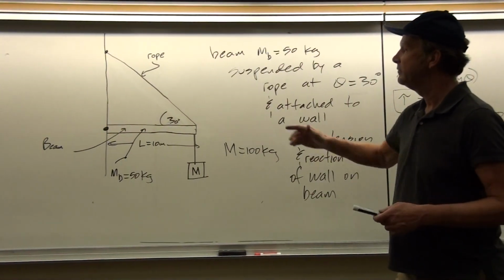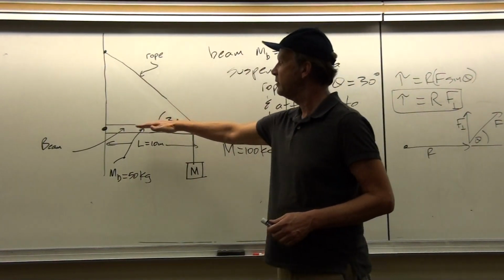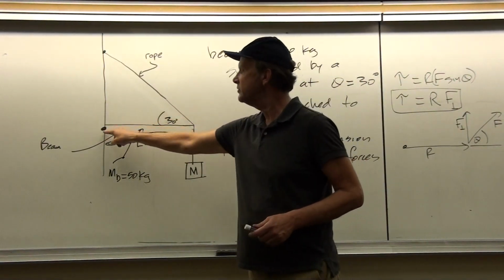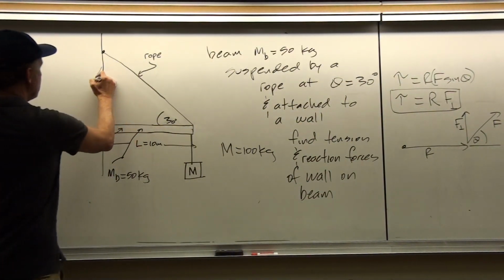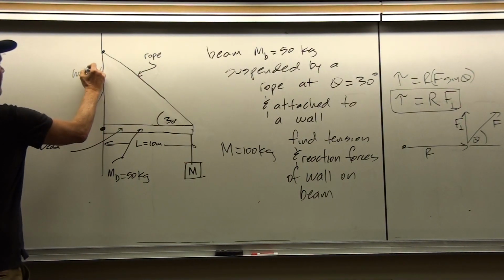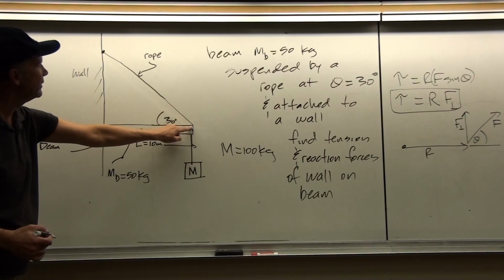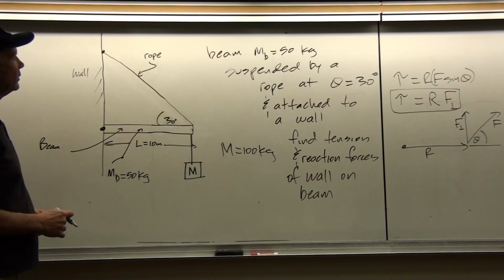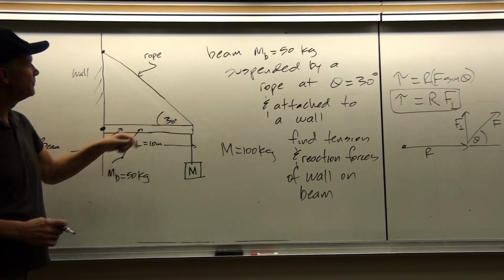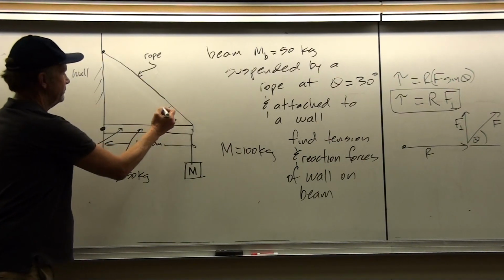So this problem then involves a horizontal beam that's connected to a wall. So here's the wall. The rope is also connected to the wall and to the far side of the beam such that the angle between the rope and the beam is 30 degrees.